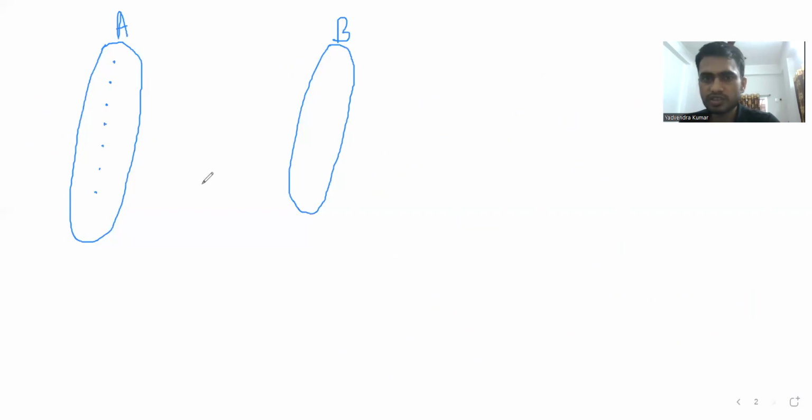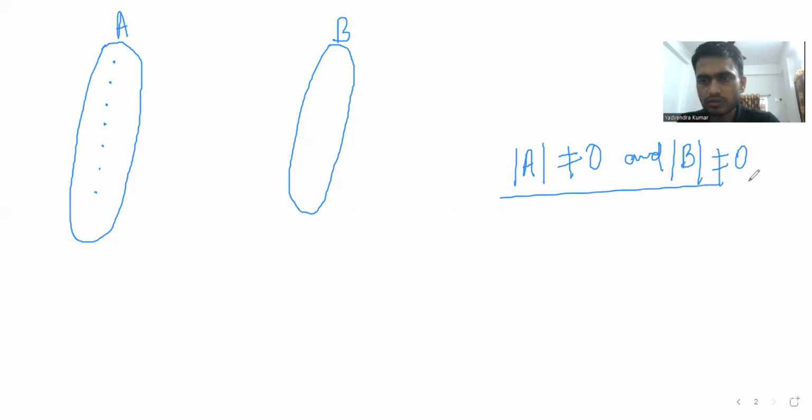They are non-empty sets, so the cardinality of set A is not equal to 0, and the cardinality of set B is also not 0. These are primary conditions. I will not write it here, we will consider it. If set A is given, set B is given, they must have some elements, right?